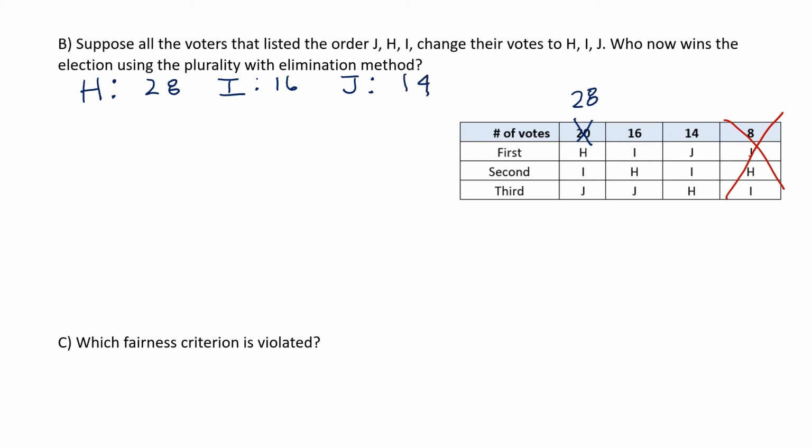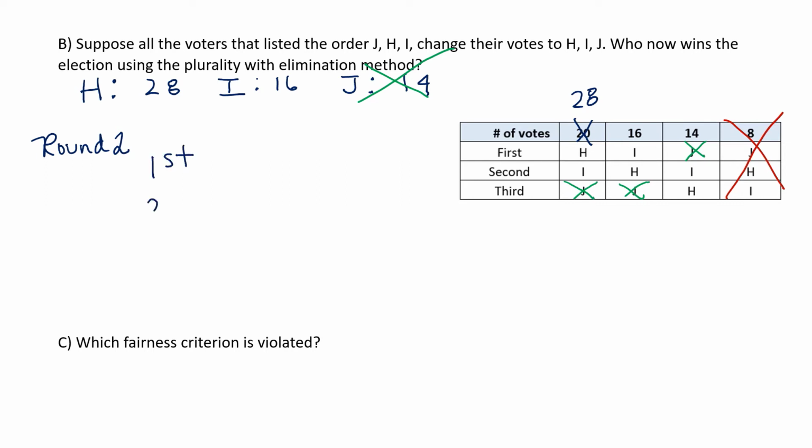So in this setting, we eliminate J. So we take J out of the competition, and we have a round 2 preference table with 2 candidates.